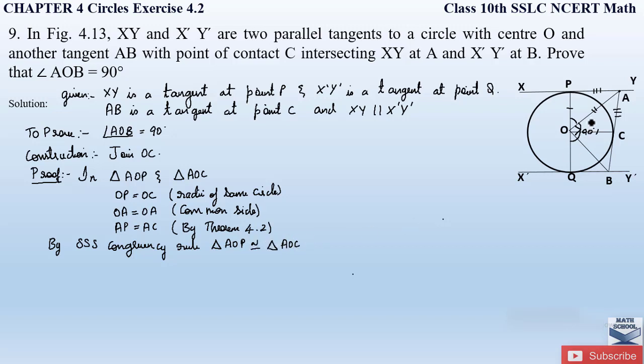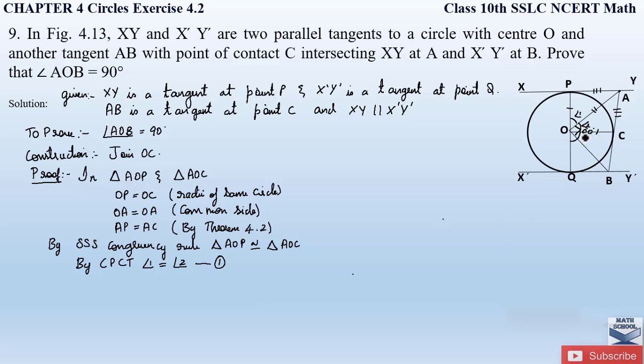When two triangles are congruent, the corresponding angles will be equal by corresponding parts of congruent triangles. So if we name this angle as angle 1 and this angle as angle 2, we can say angle 1 is equal to angle 2. Let this be equation number 1.